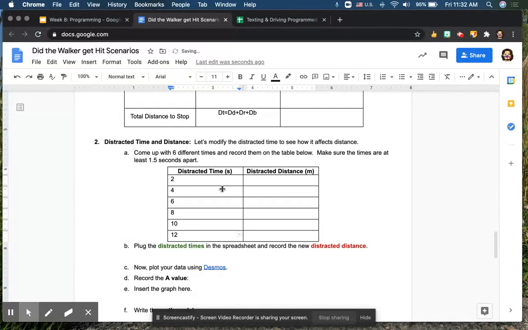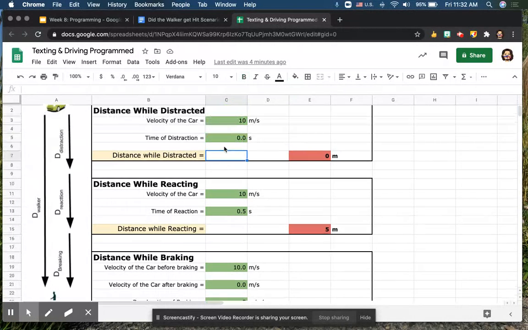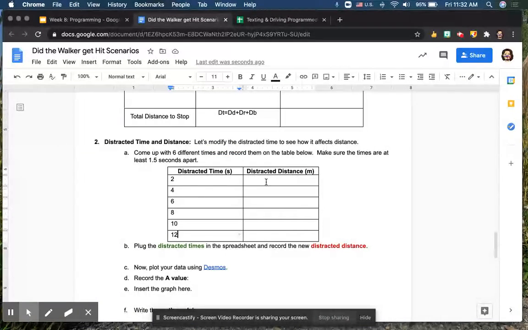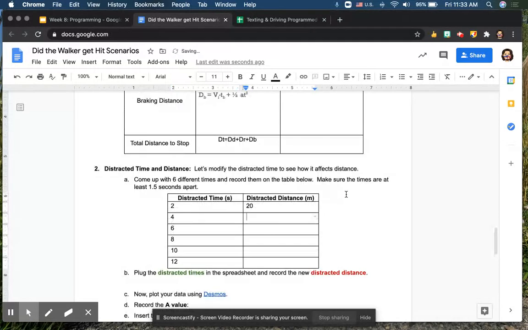Now that I have my distracted times, it says plug the times into the spreadsheet and record the new distances. So I would go back here and I'm only focusing on this. My distracted time would be 2. And so I will put 20 meters is how far my car traveled.